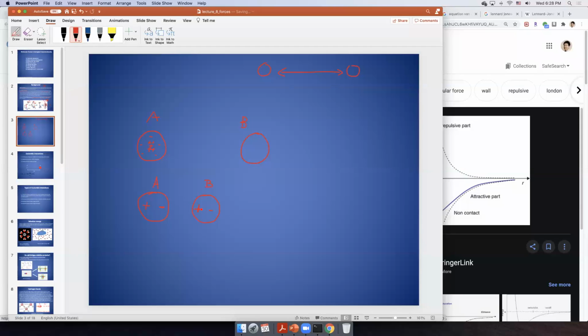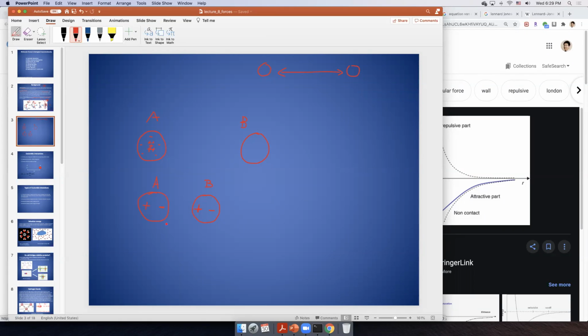So the positive charge of B will prefer to be on the left, and the negative charge here will repel the negative charge of B, so the negative charge of B will be on the right side. So that's induced charge. That's very natural.